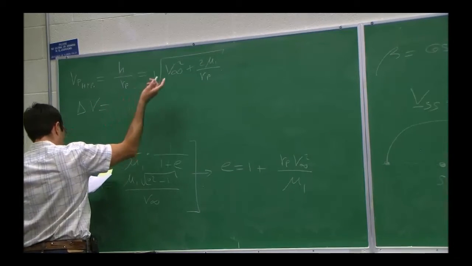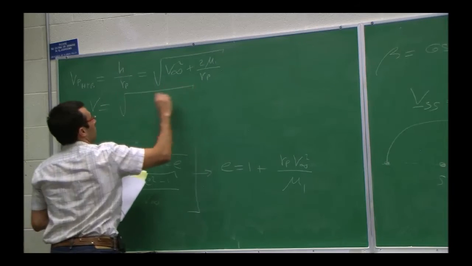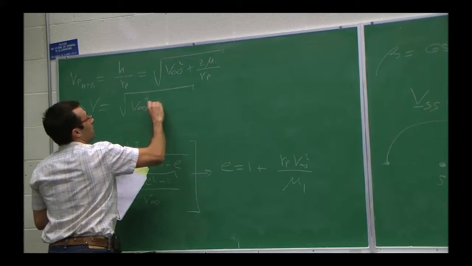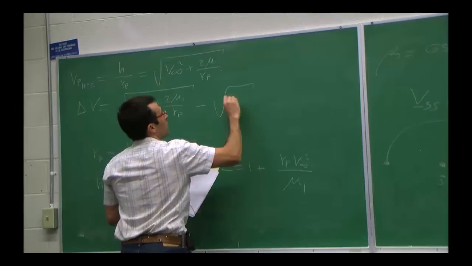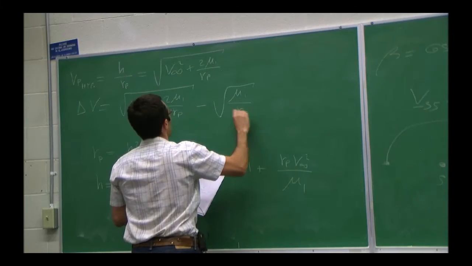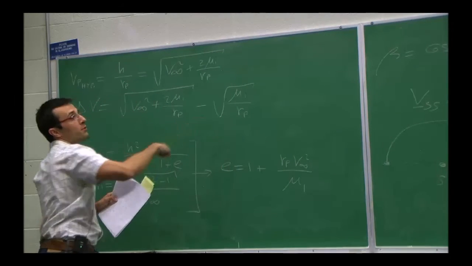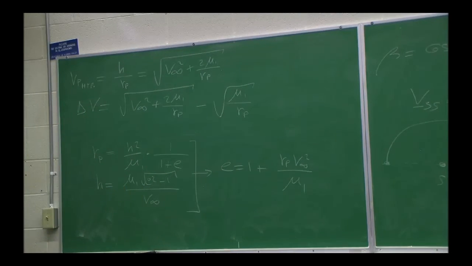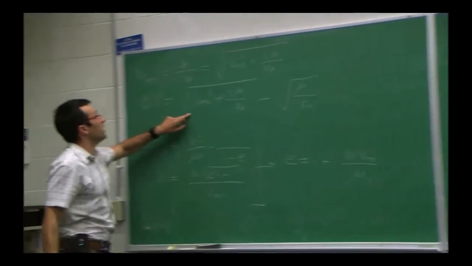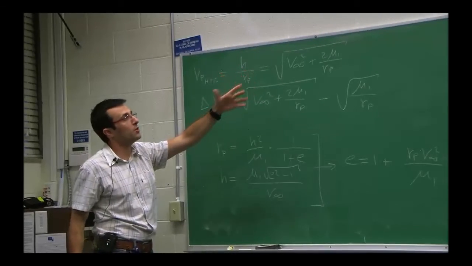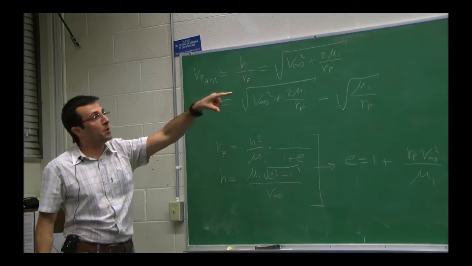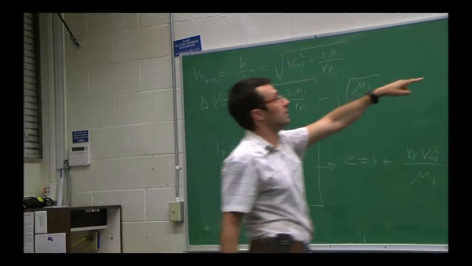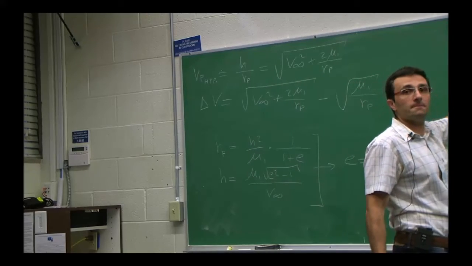Is this minus the velocity on the circular orbit: square root of v infinity squared plus 2 mu1 over rp, minus square root of mu1 over rp itself. Because this is where I was before on the parking circular orbit. That was my velocity. This is what I have to go on the hyperbolic path. And you have everything. Now you know how much delta V you need to give at that point P, and you know where that point P is because it's given by this angle beta.